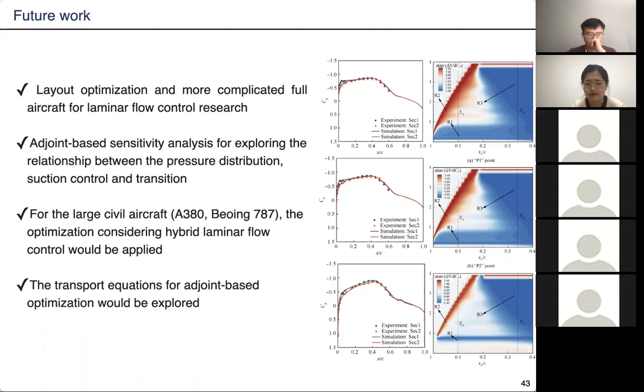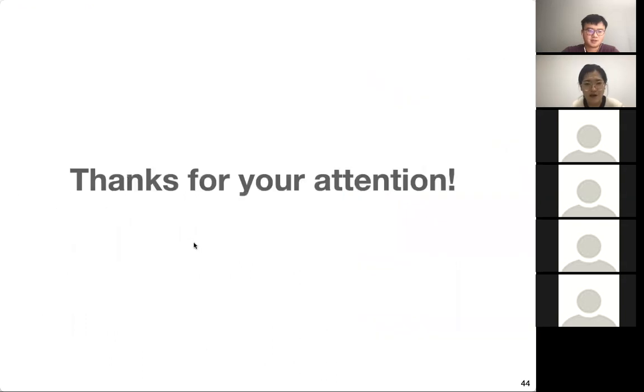So, as the transport equation is popular, we will implement more flight tests or wind tunnel tests to develop robust transport equations, and then do the adjoint work. Okay, that's all. Thanks for your attention.